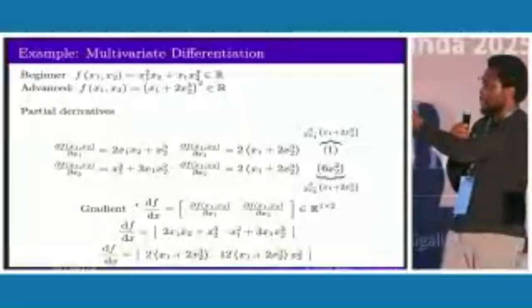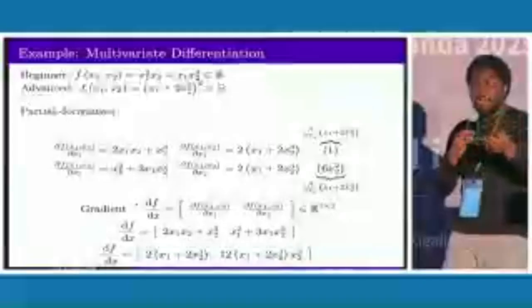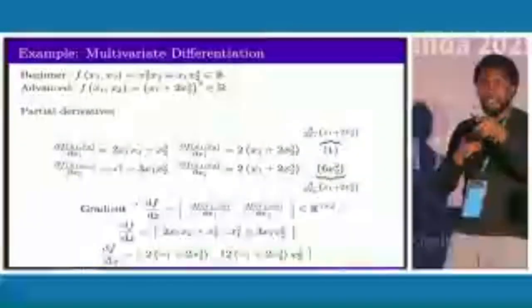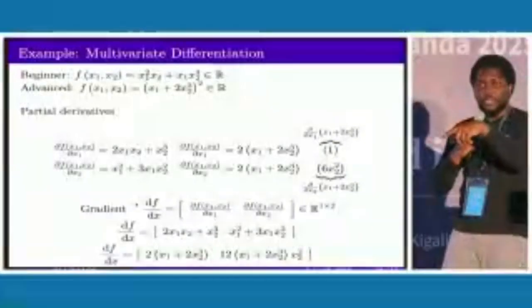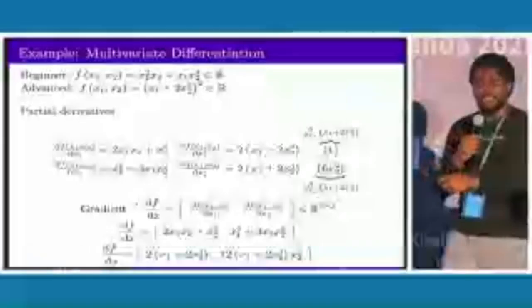So it is a 1 by 2 vector: 1 because the output dimension is 1, and the function takes in a vector of dimension 2, which is why we have 2 there. Cool, I hope that makes sense.